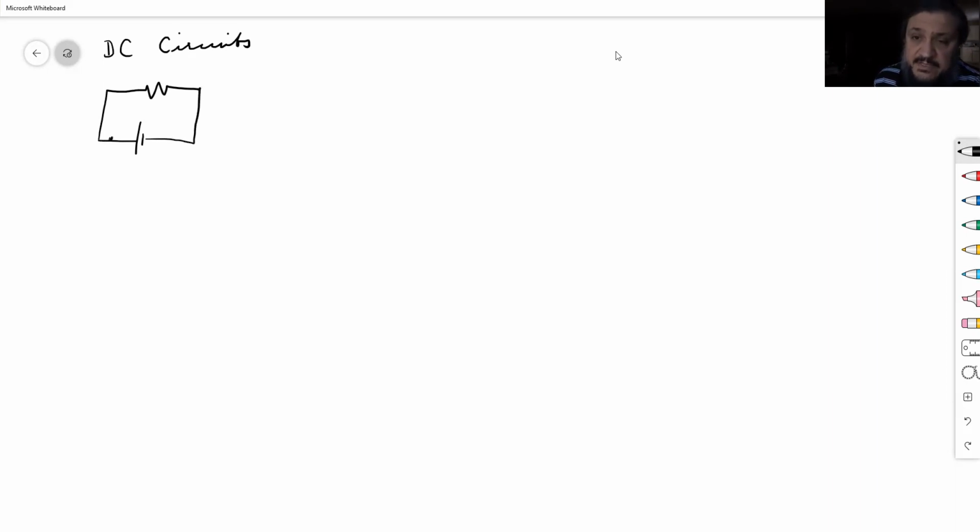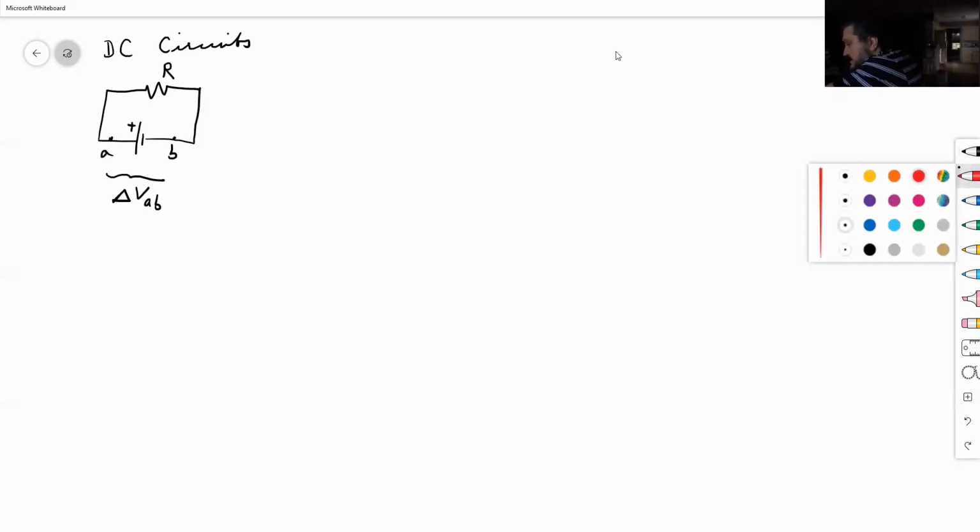So name these points A and B. So we're talking about a potential difference across the terminals, VAB, which will result in a current if we connect a load of R.